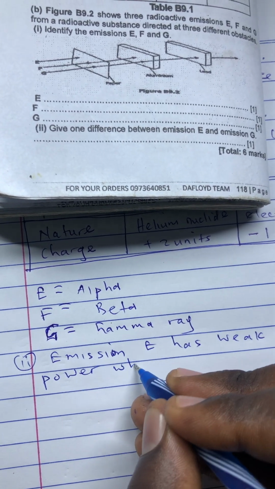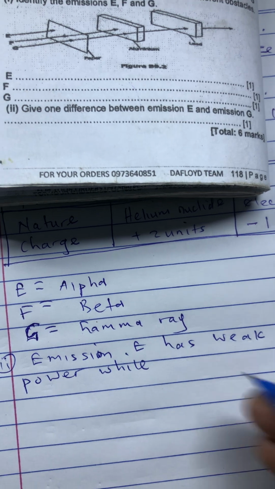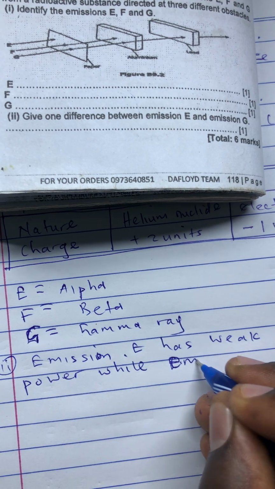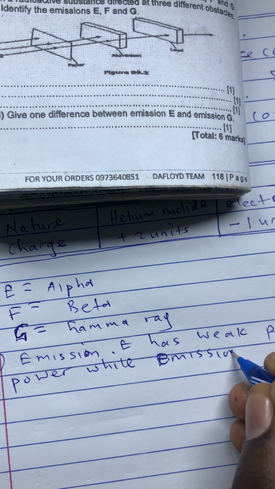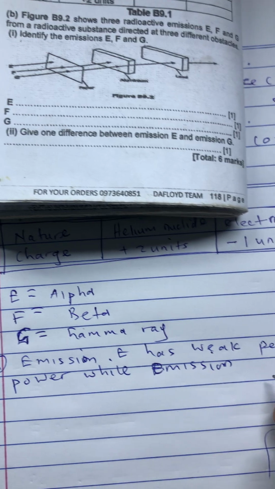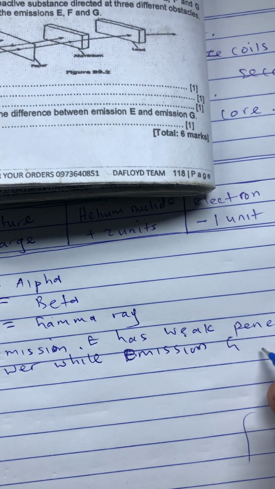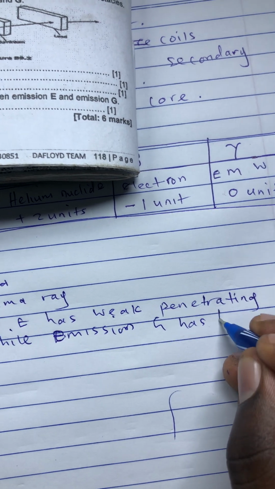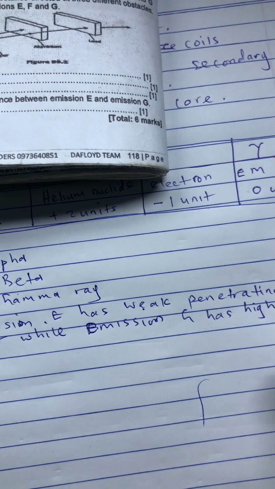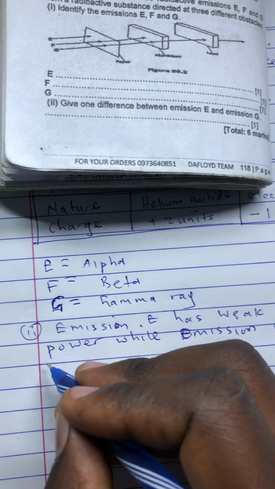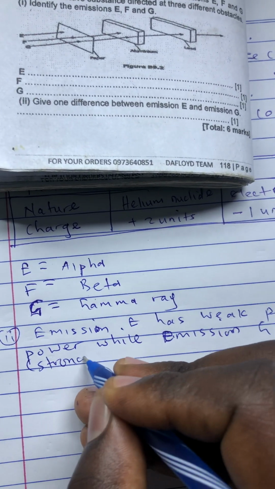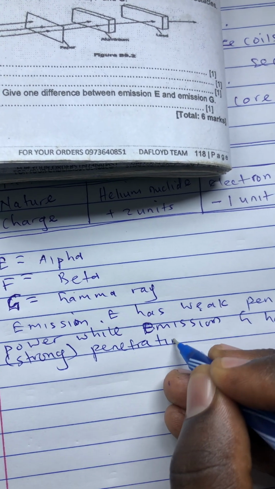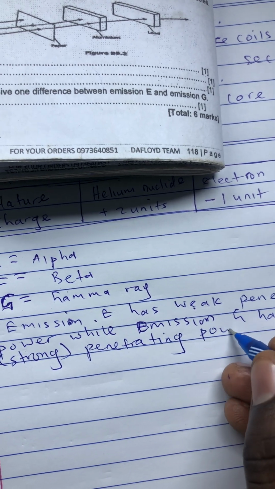Okay, wow. This is how we give differences. Emission E has weak penetrating power. Emission G has high, I can use the word high or strong, penetrating power.